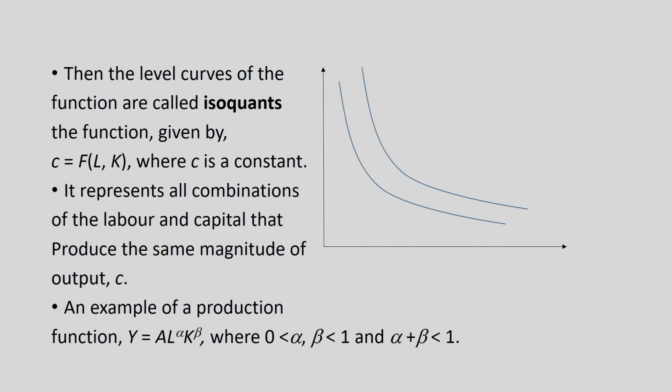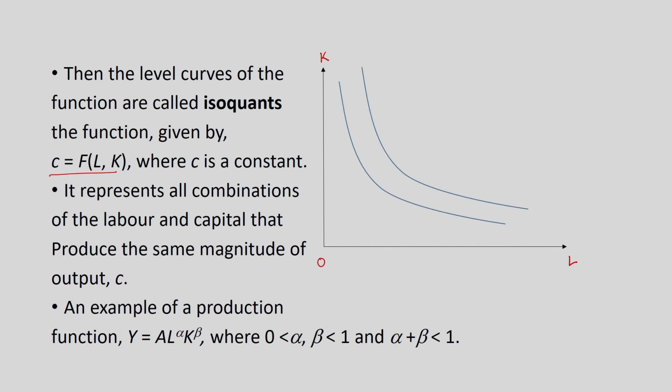The level curves of this function are called isoquants. So, isoquants are given by this equation, c is equal to f of L comma k, where c is a constant. If you draw that on 2 dimensions, because we know the level curves are projections on the 2 dimension, in this case the projection will be on the L k plane, the labor and capital plane.